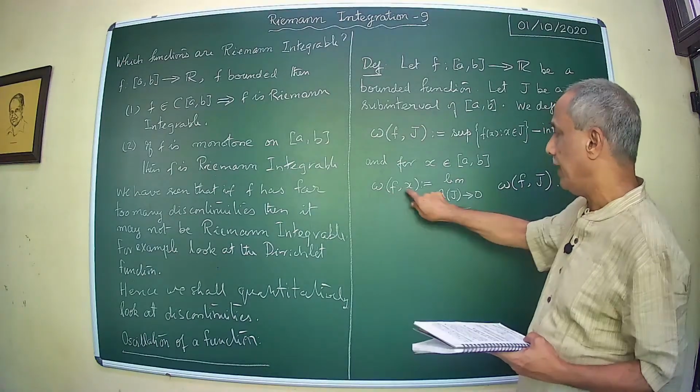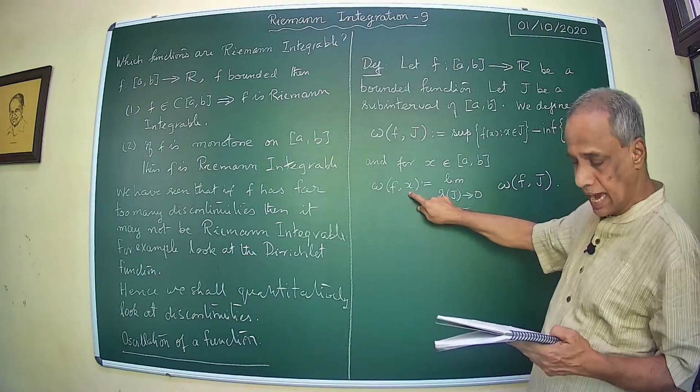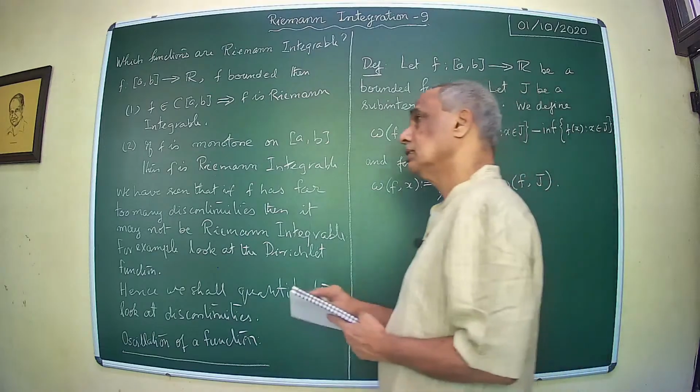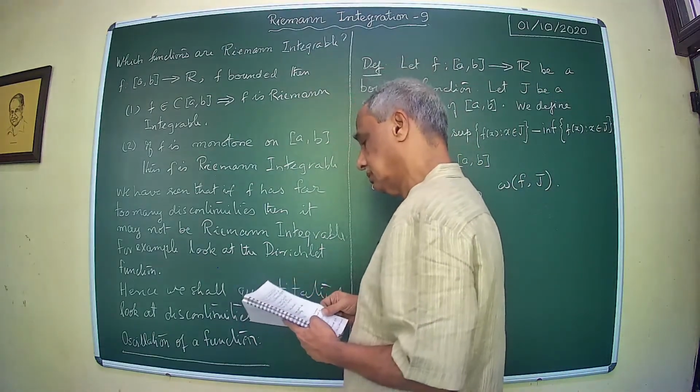Omega f of x is called the oscillation at the point x.